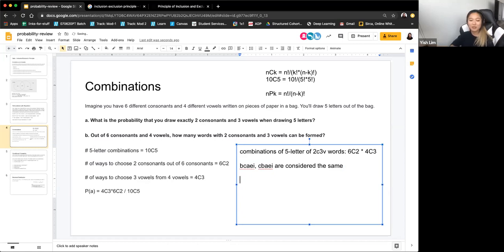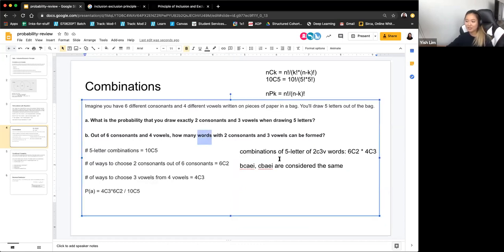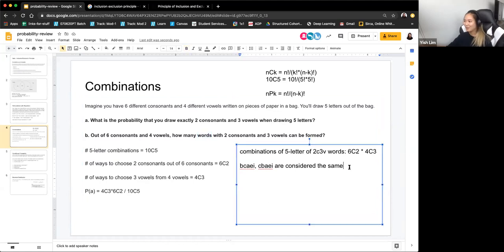All right, so now to account for them being considered the same, because we're constructing words, and in words, the order of your letters matters. We have to look at, all right, within each of these, within B, C, A, E, I, how many ways can I arrange that? And so this is back into a permutation.